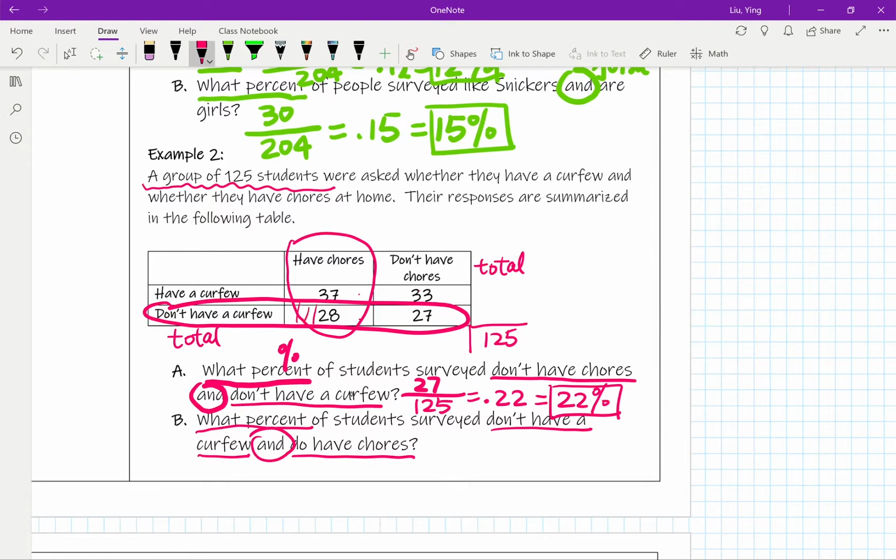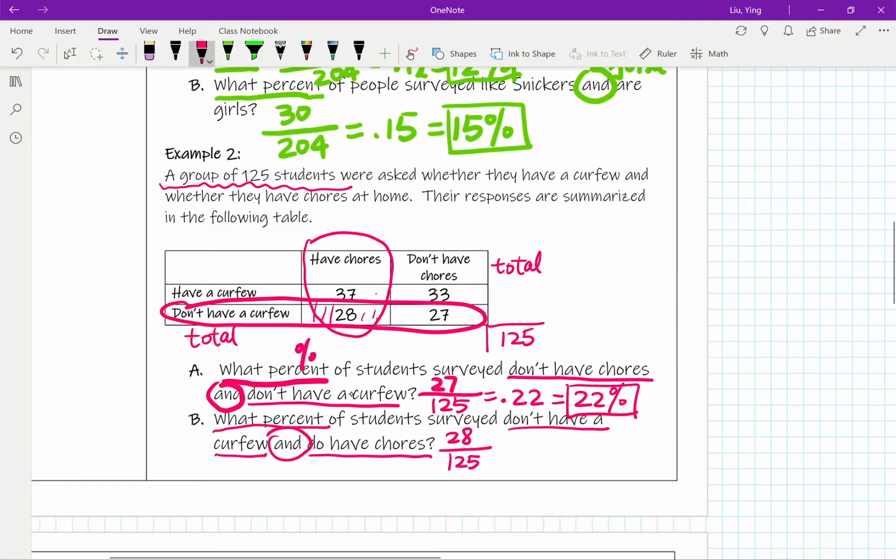So they join at 28. Again, say that in words: out of the 125 students, 28 of them don't have a curfew and do have chores. That's what this fraction means.